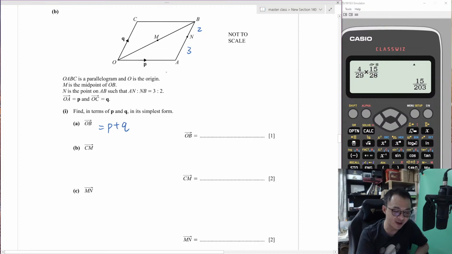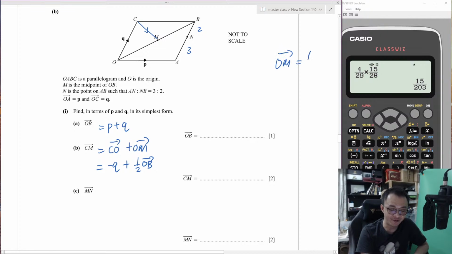Then we look for C to M. C to M will be CO plus OM. C to O will be -Q. O to M is half of the OB, isn't it?